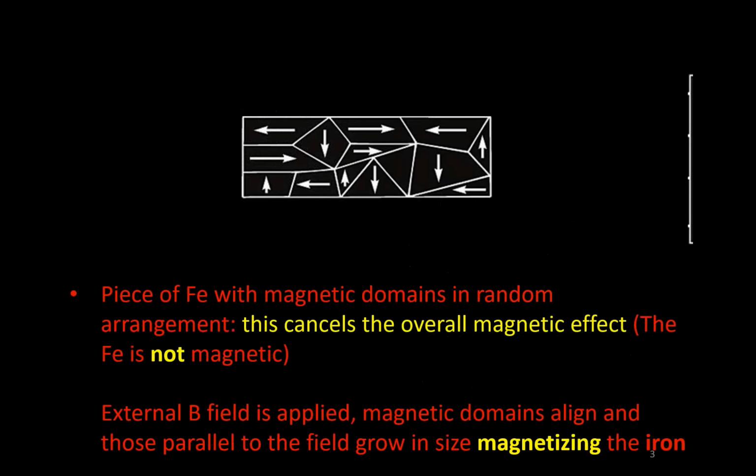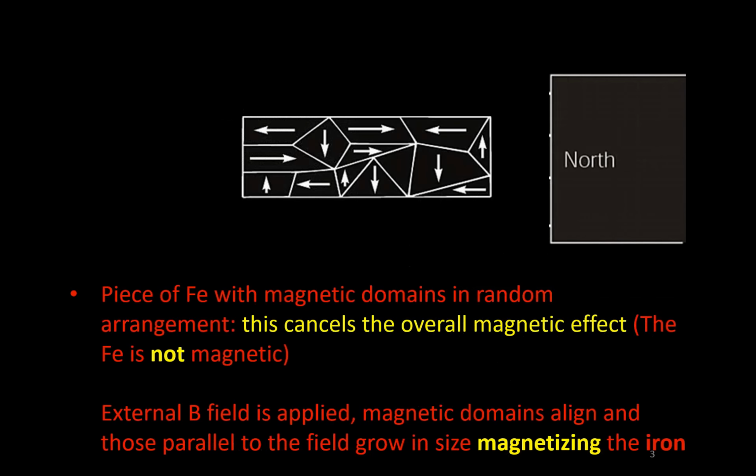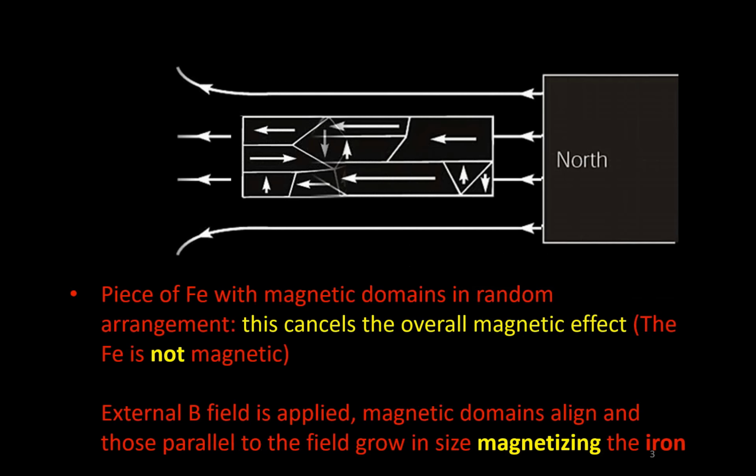Now, if we take any normal piece of iron, as we said, the magnetic domains in any particular material tend to be randomly oriented. That results in a system which is neutral in a magnetic sense. Now, if we take a piece of iron which magnetizes easily and put it into the presence of a magnet, so here's the north pole of a magnet.